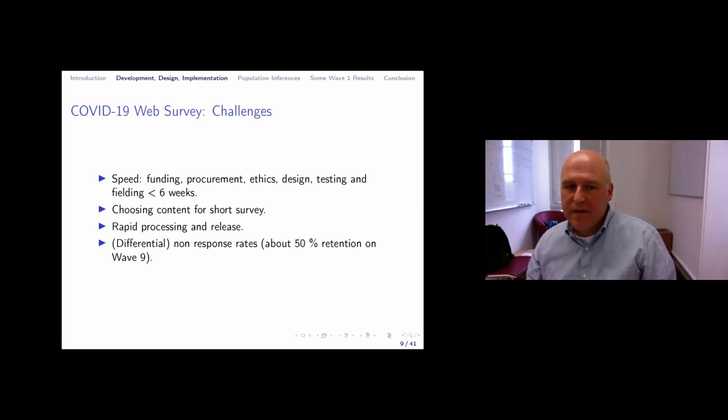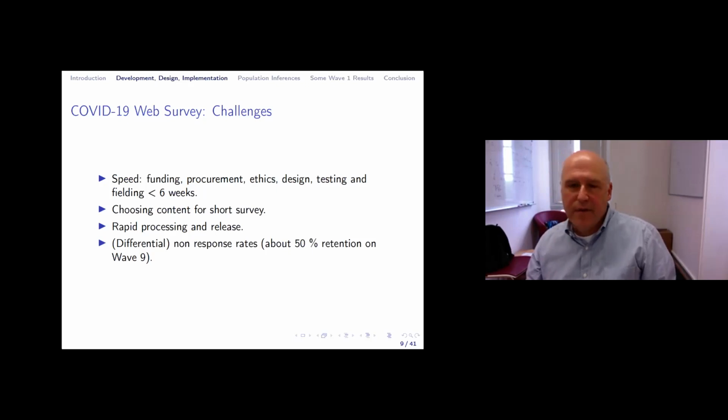The second challenge was choosing content for a short survey. You could imagine that we were told by many, many people that many, many different things were essential content for our 20-minute survey. And finally, a further challenge is differential non-response. Normally, wave-on-wave retention in Understanding Society is around 90%.